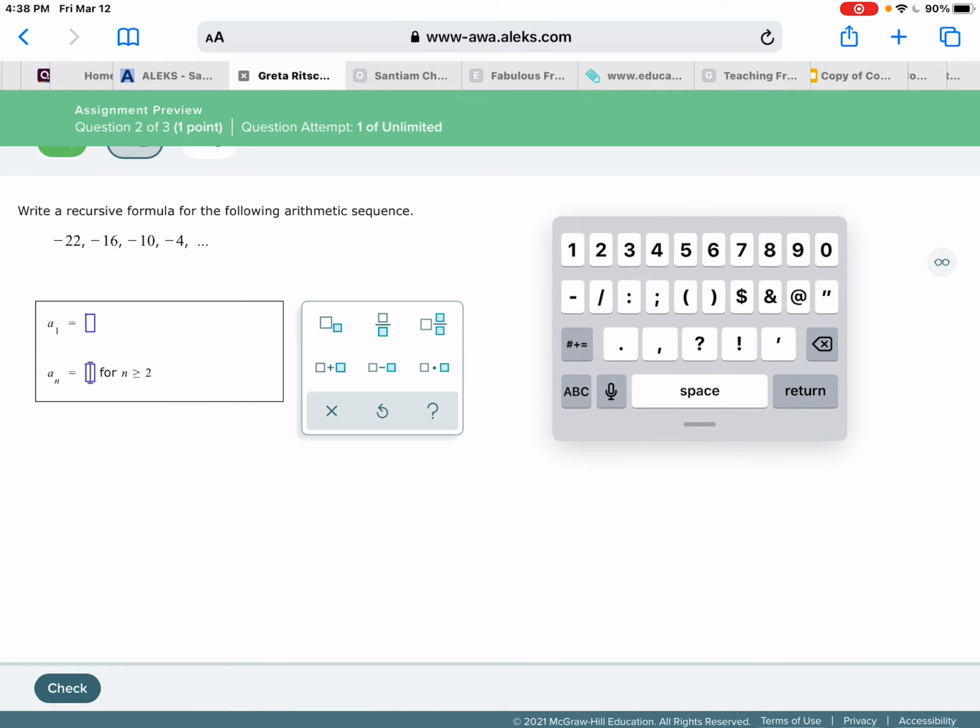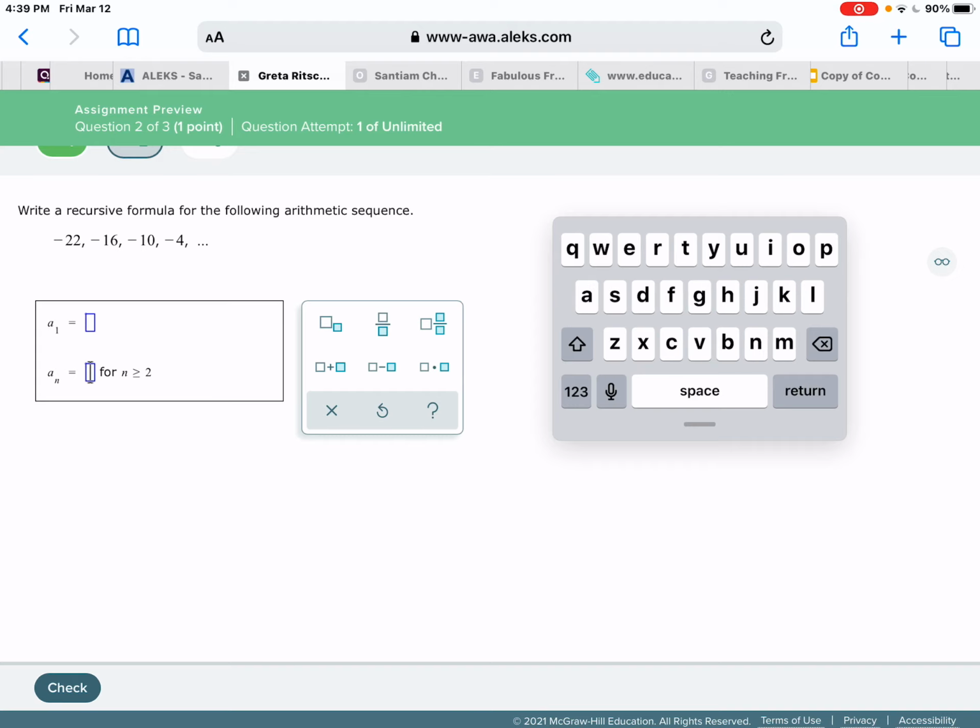We are going to say a sub n equals a sub n minus 1, that's how we do our previous term, plus 6.